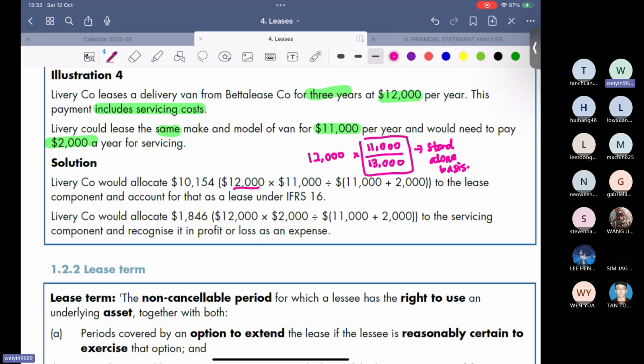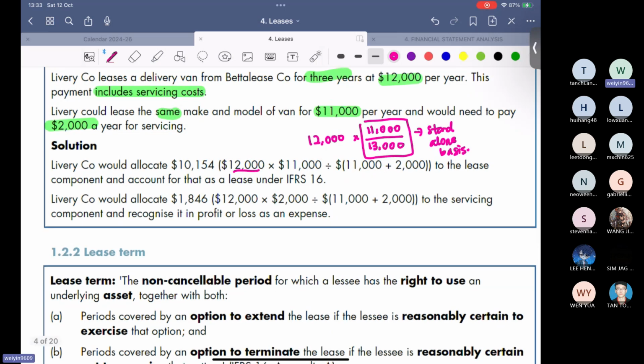As for the service, you just continue with another 2,000, so 12,000 times 2,000 over 13,000. So this will be the non-lease component. With the lease component, later on you have to do some calculation in order to recognize it as your asset. And then these ones will be your P&L item.